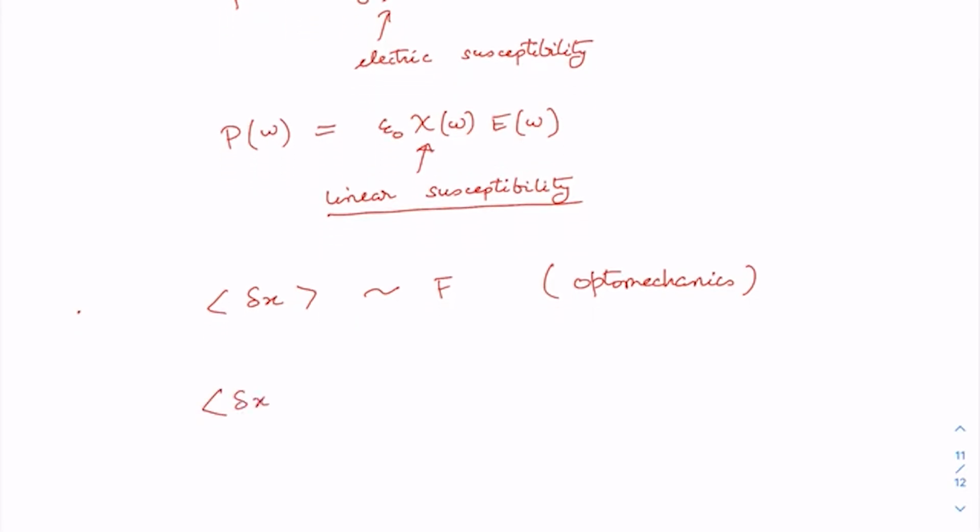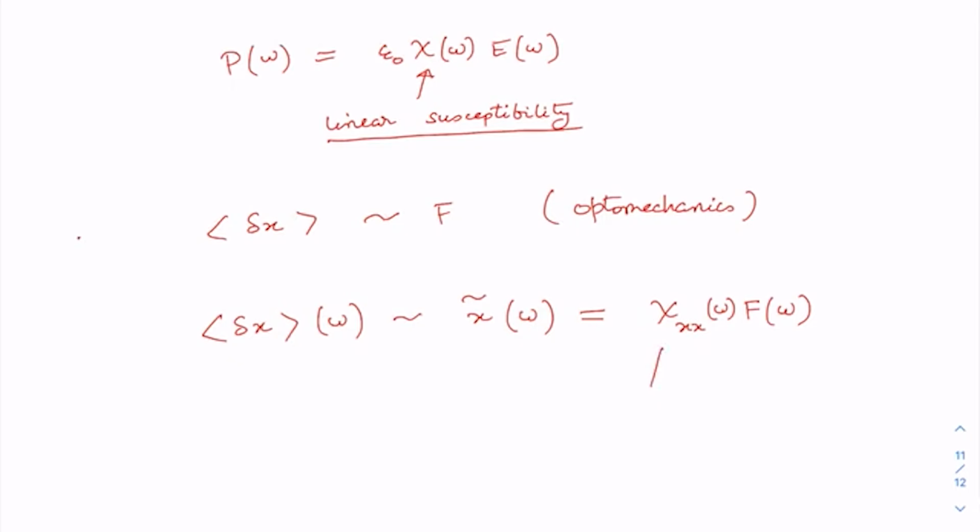So the displacement of the movable mirror at frequency omega is equal to the radiation pressure force at frequency omega, and the proportionality constant here is this term, your susceptibility term. This is called mechanical susceptibility because we are now dealing with mechanics.